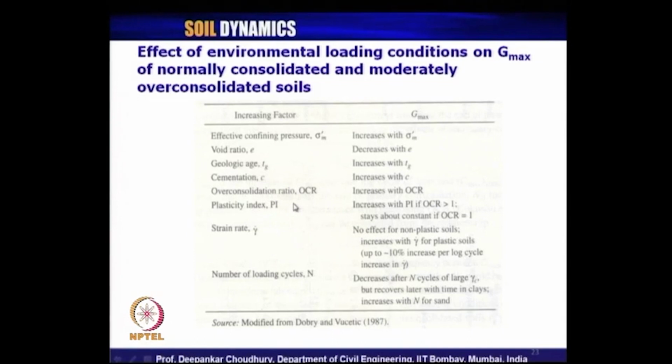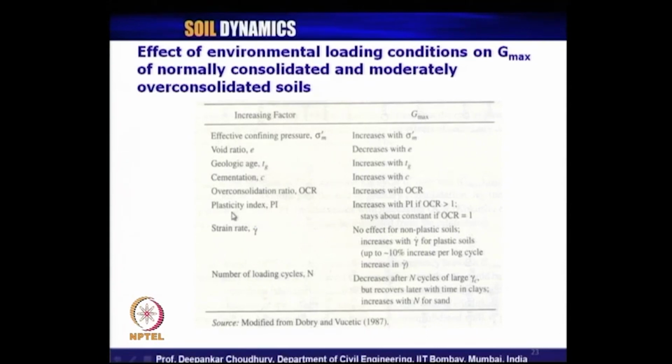Just now we have seen, obviously, if over consolidation ratio increases, the Gmax value also will increase, because over consolidation ratio increases means earlier the soil was subjected to higher load. That is what is meant by over consolidated soil. Obviously, that will give a higher strength of the soil rather than a normally consolidated soil, which was not subjected to a higher magnitude of the load.